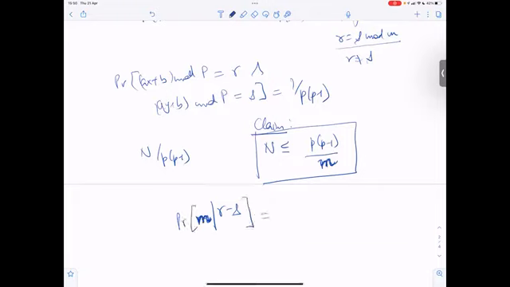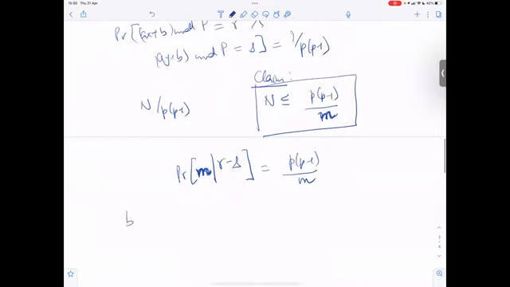It is the total number of pairs divided by M. So the bad probability is less than P into P minus 1 by M divided by P into P minus 1.